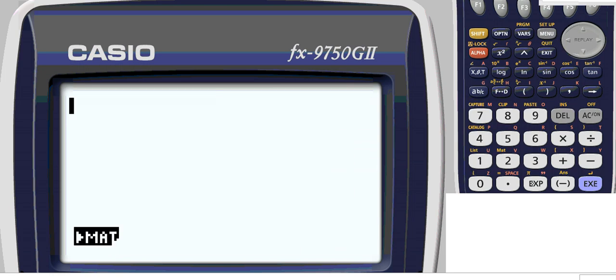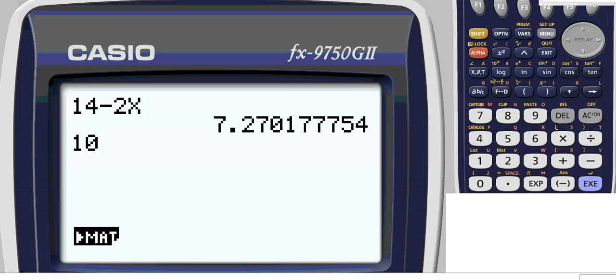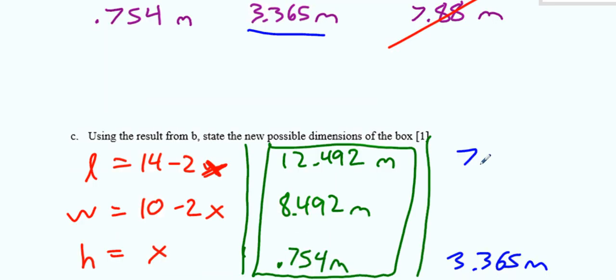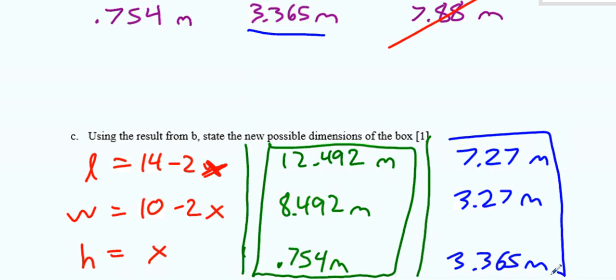Go back to the main portion, and now we can just do 14 minus 2x. And 10 minus 2x. Or you could have typed out what it was without having it stored as x. 7.27 and 3.27. So there's our other set of dimensions. So 2 different boxes, the volume would be 80 if you multiply those out.